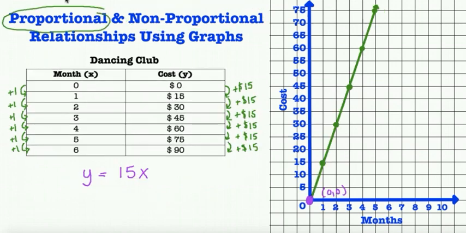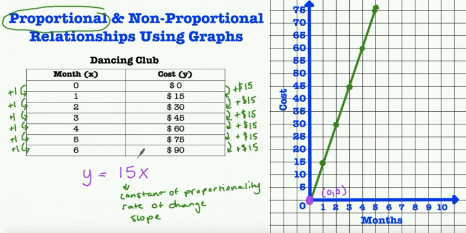And if we go back to our previous example, here we just have our constant of proportionality, also known as our rate of change, and our slope.